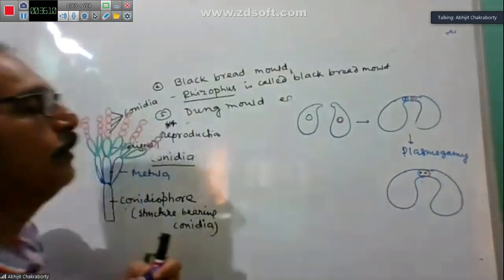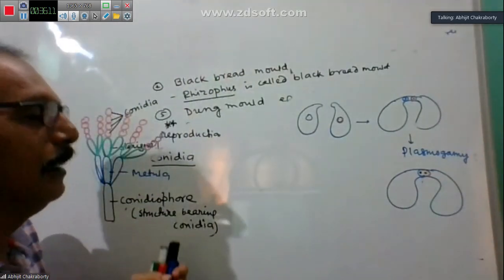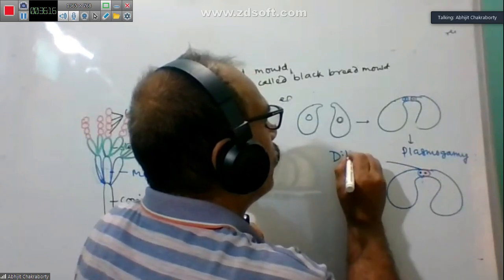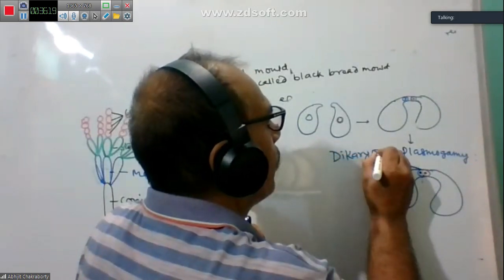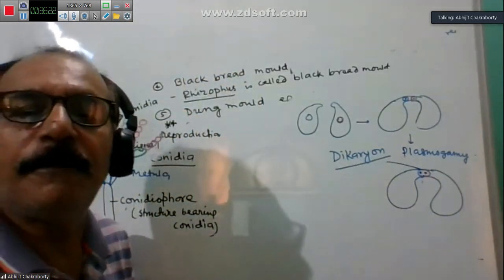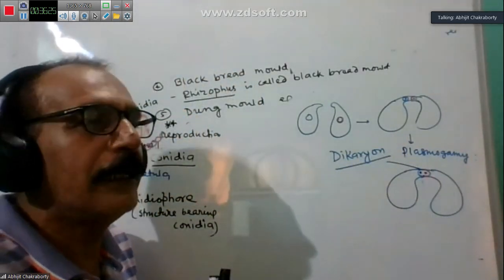Now this condition, what do you call it? You can call it dikaryon. Having two nuclei of different type together, the condition is called dikaryon.